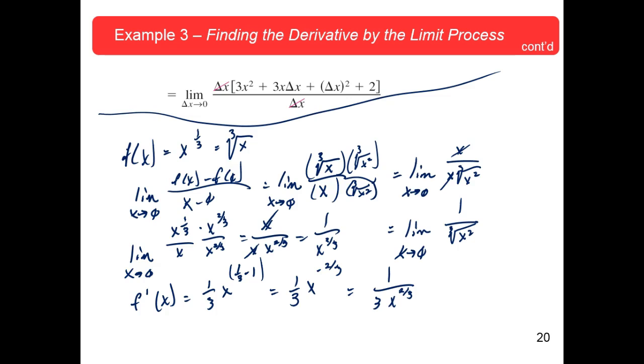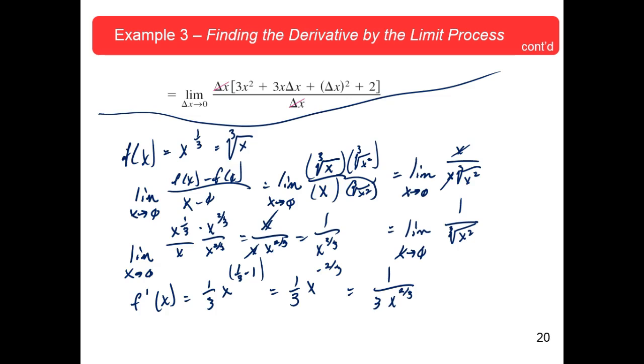Okay, this is the limit as x approaches 0 of f of x minus f of 0 over x minus 0. That would be the cube root of x minus the cube root of 0. There's just no reason to write that down. Over x minus 0, which is x.